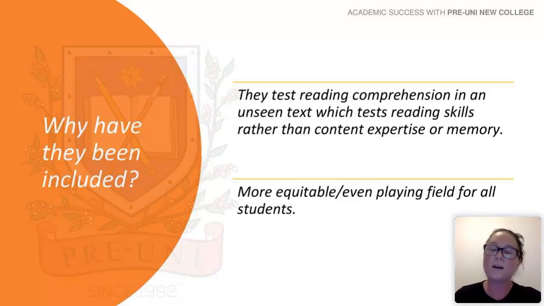And whilst we can't predict the exact text types, of course, or the extracts, we can predict the types of questions that will be asked. And I suppose that's the benefit of these practices. You're able to get a really good sense of what those types of reading comprehension questions are and be able to prepare for how to answer them best.